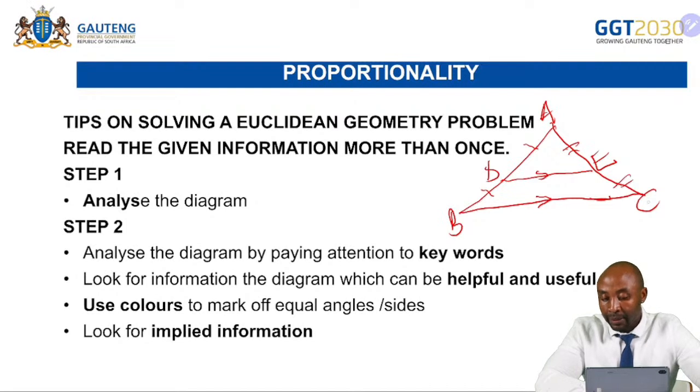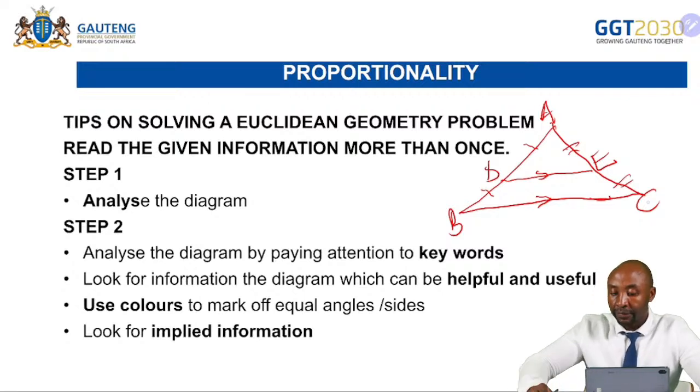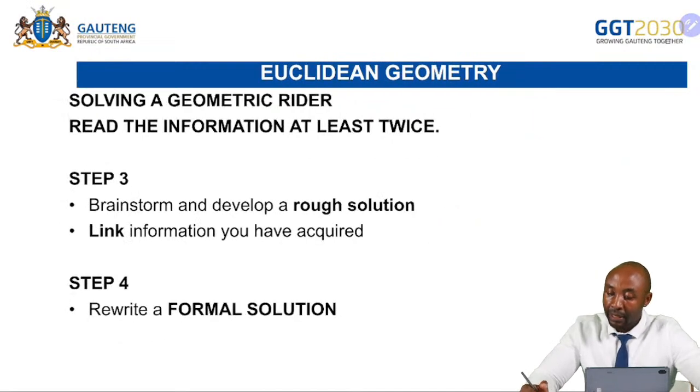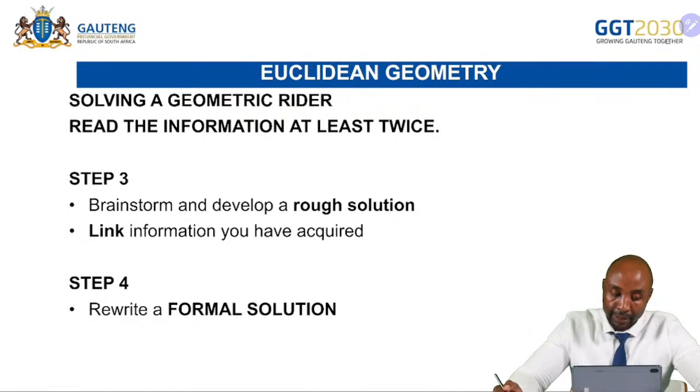So it becomes obvious that it is the midpoint theorem, because D is the midpoint of AB and E is the midpoint of AC. And you have deduced that DE will be parallel to BC. Therefore, the length of DE becomes half the length of BC. So if you are given the length of DE, you are able to deduce that the length of BC becomes 2 times the length of DE. That's part of the steps of answering Euclidean geometry questions.